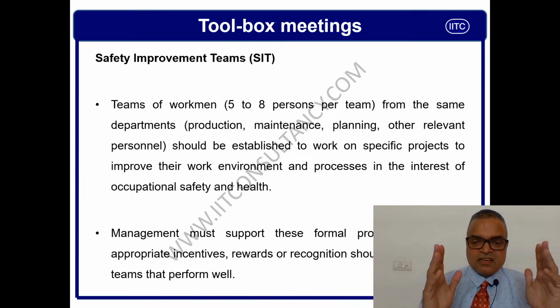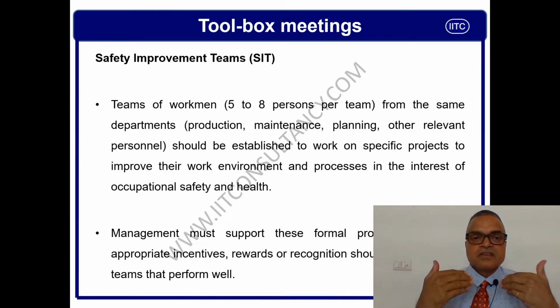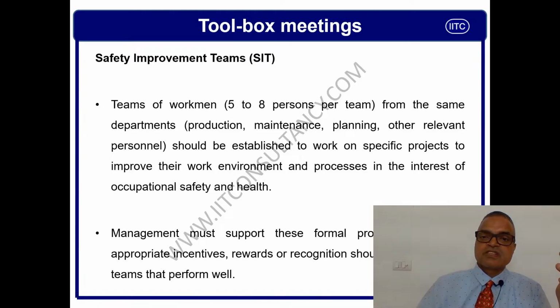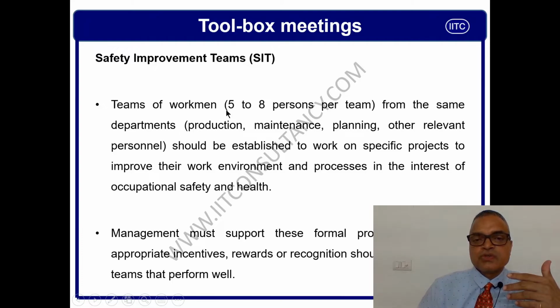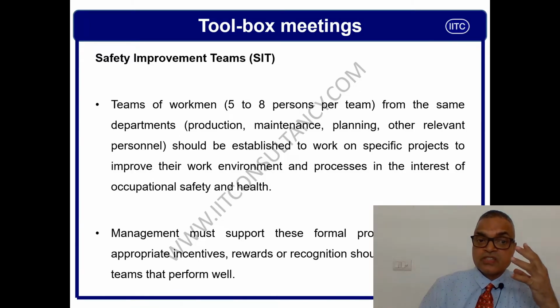Other than toolbox, there are some other meetings like safety improvement teams. A team of workmen, 5 to 8 persons per team. You can constitute the size of the meeting depending on your plant, depending on your size, maybe 3, maybe 8, maybe 12. I again tell you, you need to customize your own team depending on your resources.